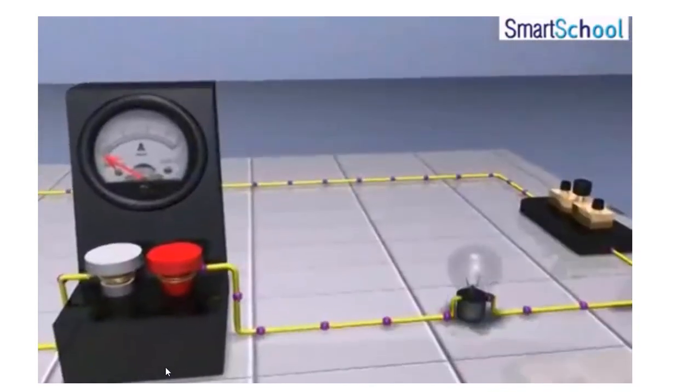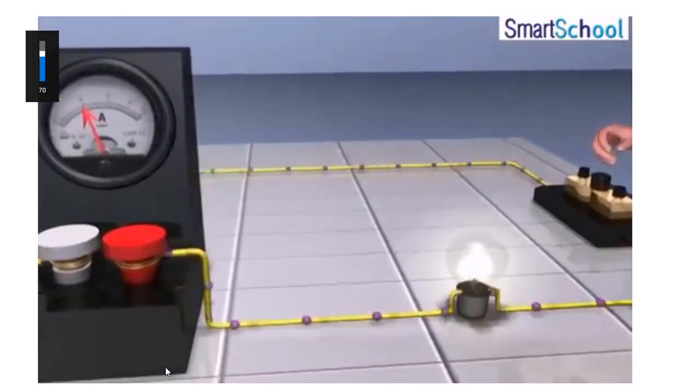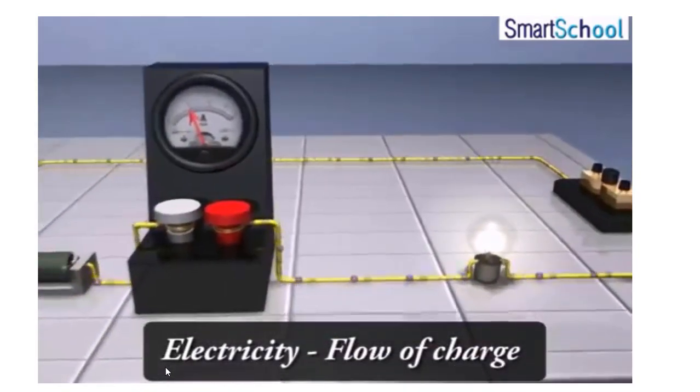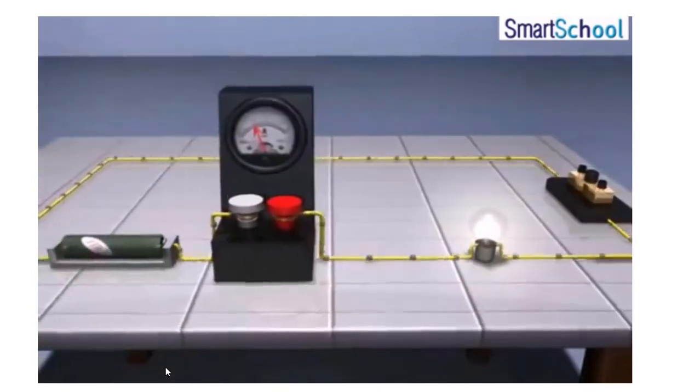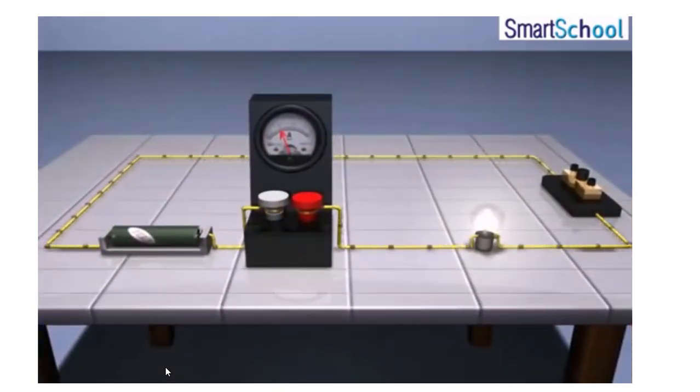But what constitutes electricity? It is the flow of charge through a conductor, and the electric current is expressed by the amount of charge flowing through a particular area in unit time.